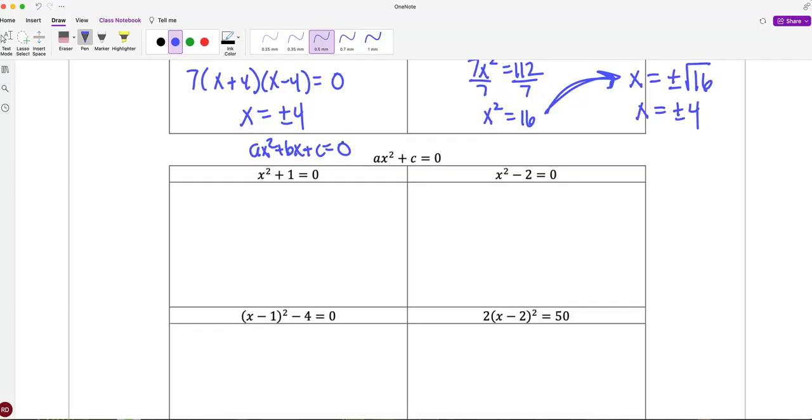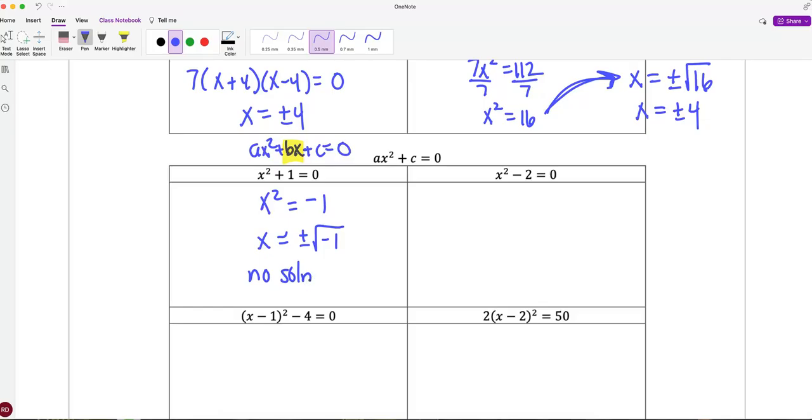But if that middle term, if the linear x term is missing, then you can solve with square roots. You can get the square term all by itself and take the square root of both sides. So in this case, you would have x squared equals negative 1, x equals plus or minus the square root of negative 1. Now in this class, we're just going to say no solution.